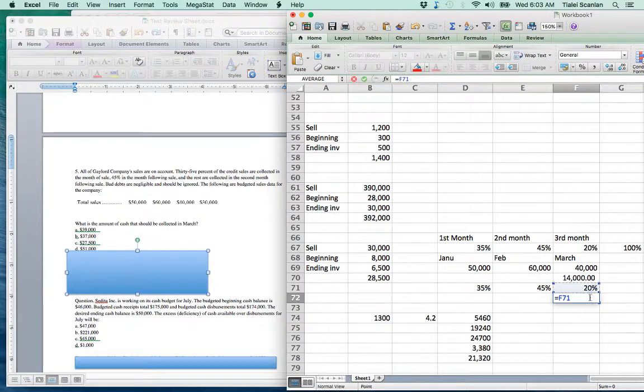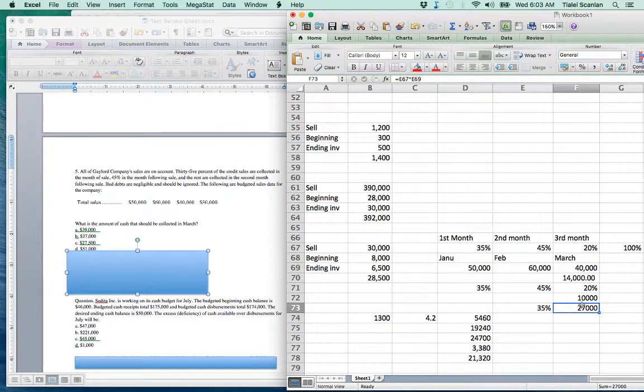And then 20% of January, because it's the third month. And then for February, the 60,000, we're collecting 35% of it in February and 45% of it in March, because that's the second month. So 35% of the 60,000 and then 45% of the 60,000 in March.